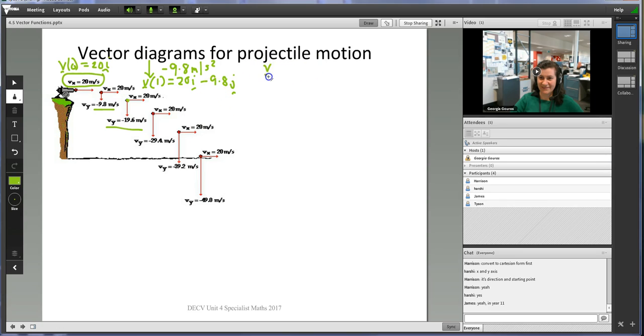So at t equals 2, the velocity vector still has that horizontal component of 20i, but the vertical component is now negative 19.6. And this is all meters per second. That makes sense? And it keeps on going every second. That vertical component is decreasing by 9.8 units, but the horizontal component remains the same.